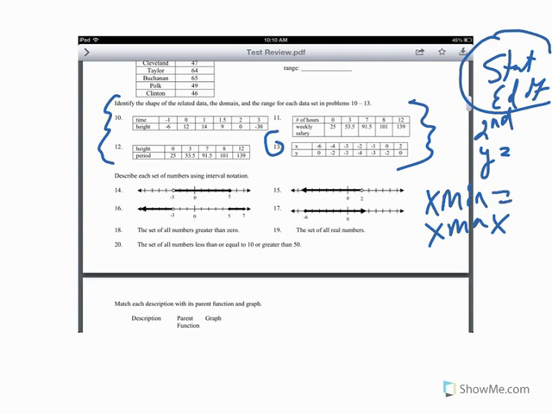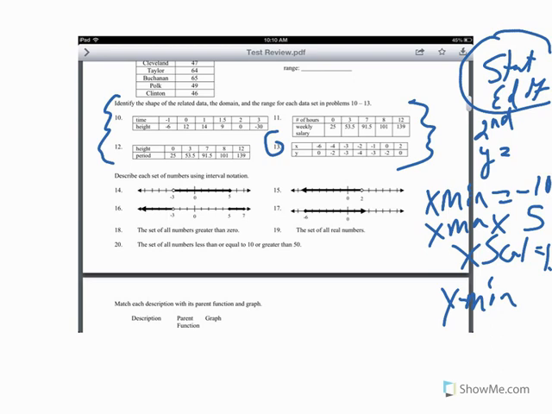My x minimum for this one would be -6, sorry, I'd say -10. I just want to go a little bit past that, a little bit past my minimum and maximum. And my scale, just leave it as 1.